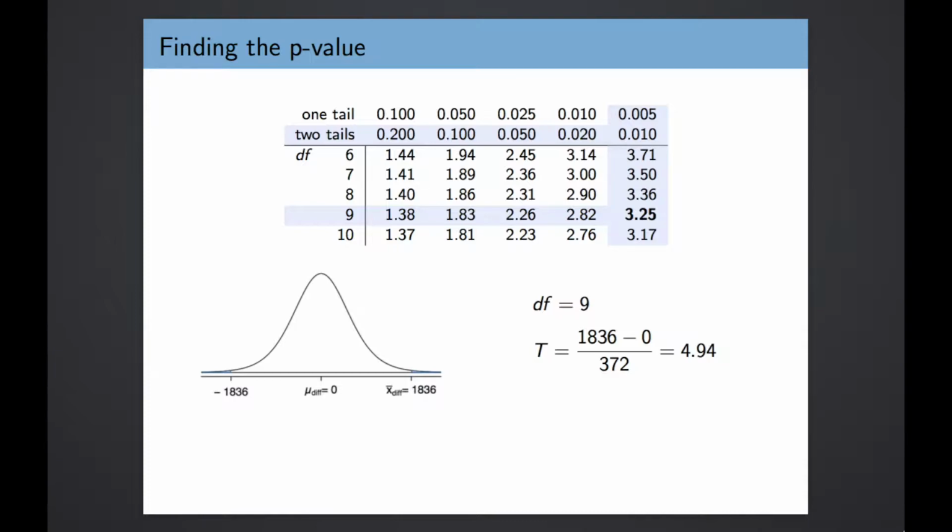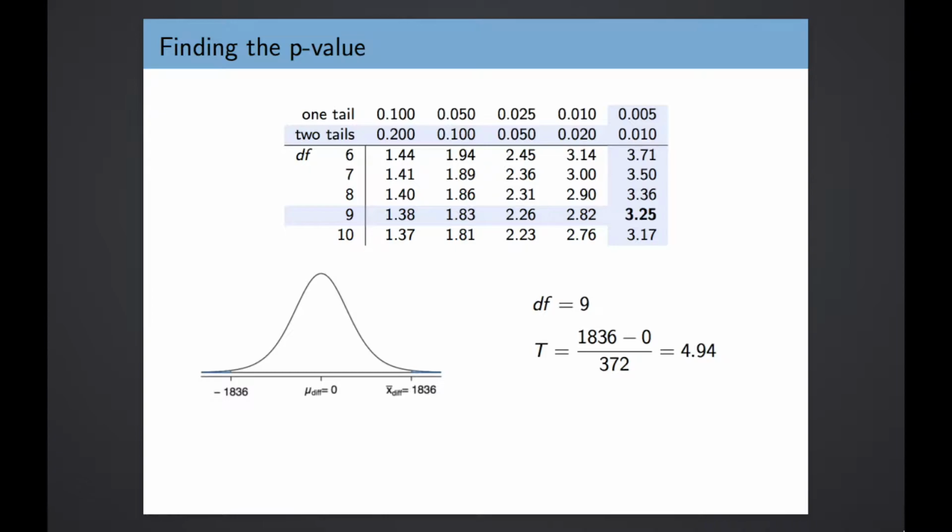And if we follow that all the way out to the right, we can see that a test statistic of 3.25 would be associated with a two-tailed p-value of 0.01. So a test statistic that is greater than 3.25 is going to have a p-value of less than 0.01. So our test statistic is 4.94. It's greater than 3.25. And so we're going to have a p-value that is less than 0.01.